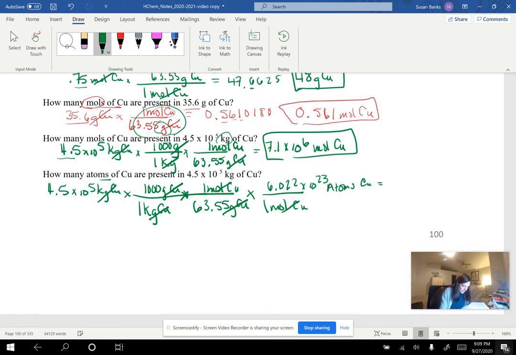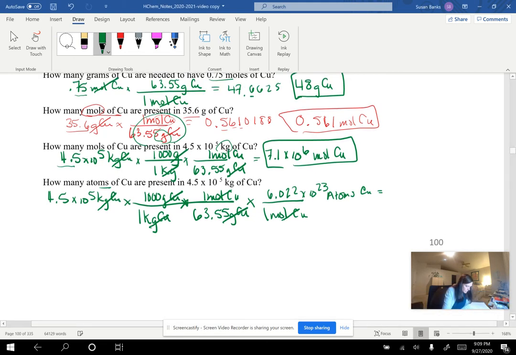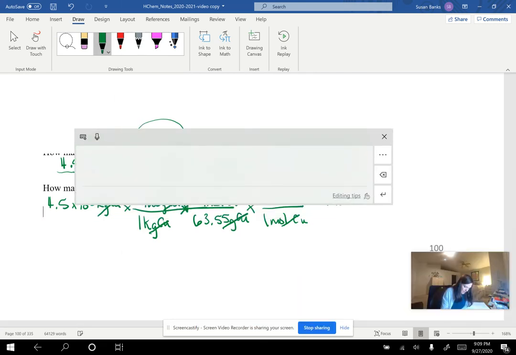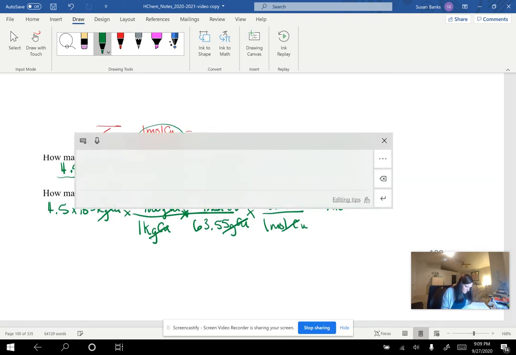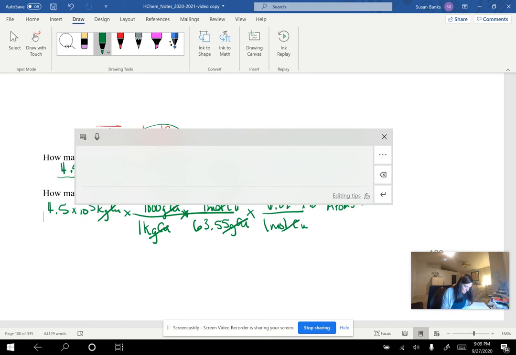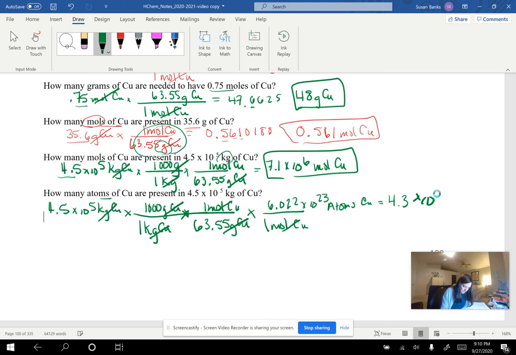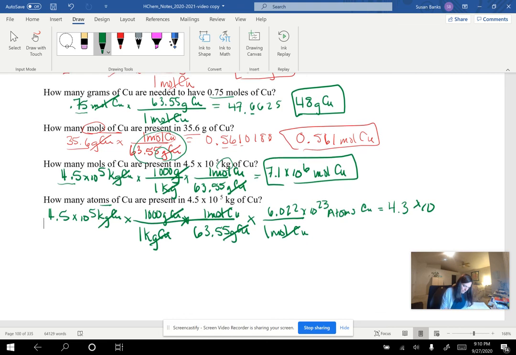So when I multiply this all out, I will get 4.3 times 10 to the 30 atoms of copper.